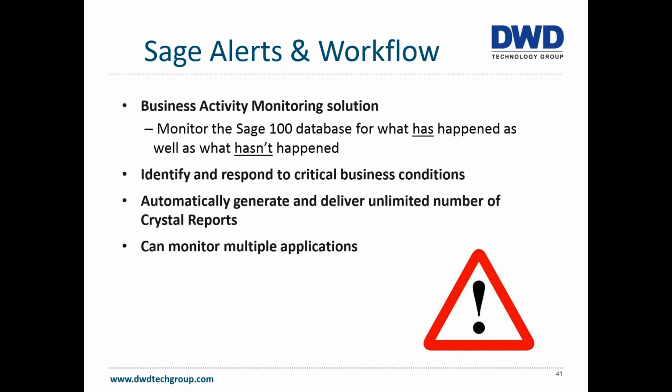We can be monitoring it for many different things. We really can define how we're monitoring and what we're monitoring for. We also can send out or generate Crystal Reports on a schedule. So you may have a sales manager who wants a report every Monday morning in his email box.